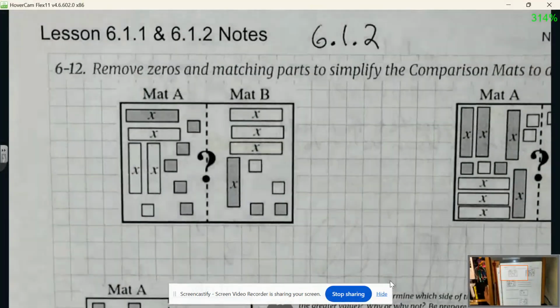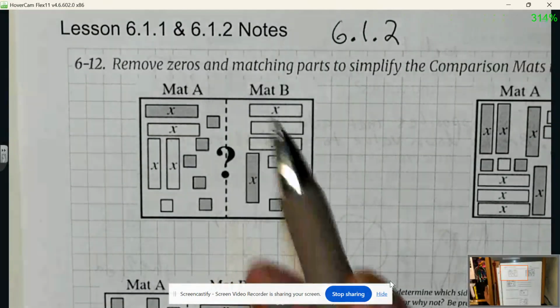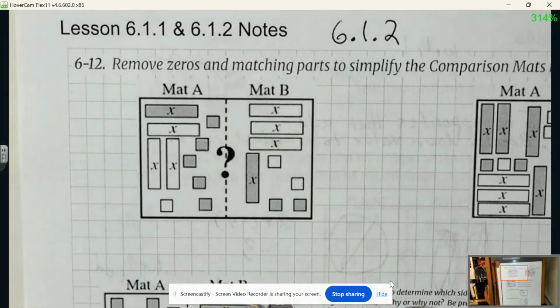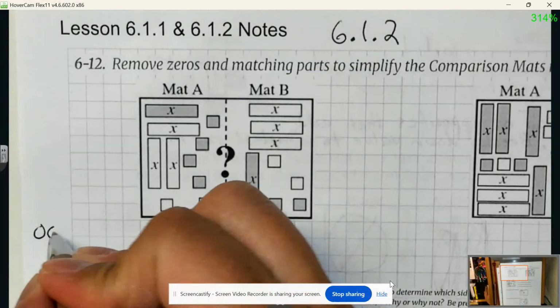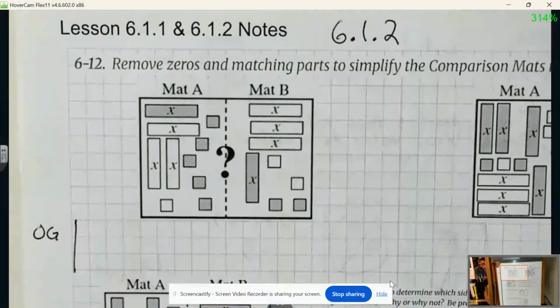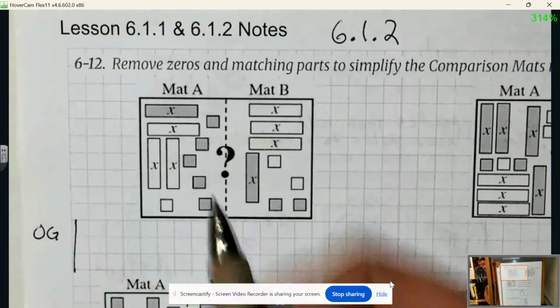So yesterday we learned our first step is just to identify what those two expressions are to begin with, and this is called the original expression. Okay, and the original expression, you would have x plus negative 3x.